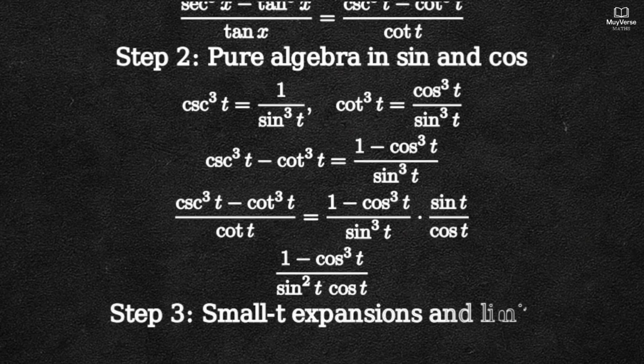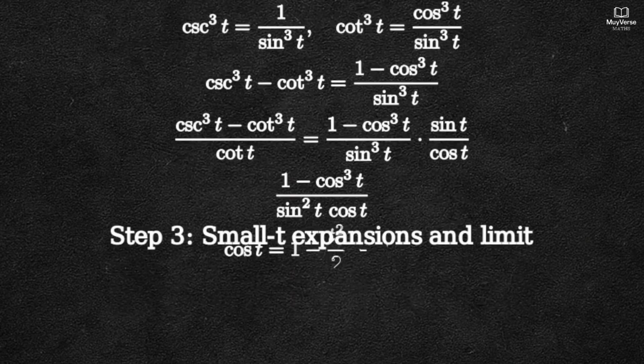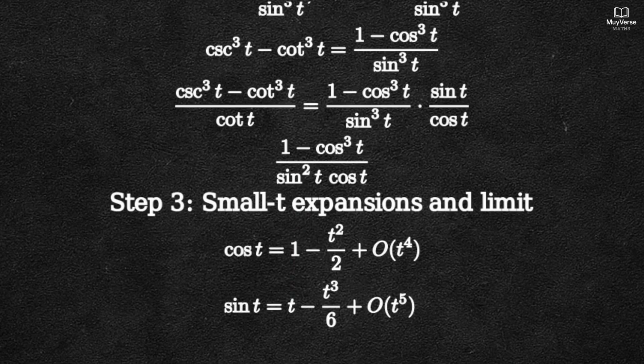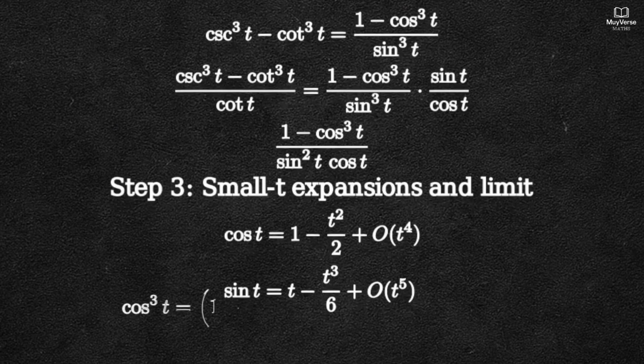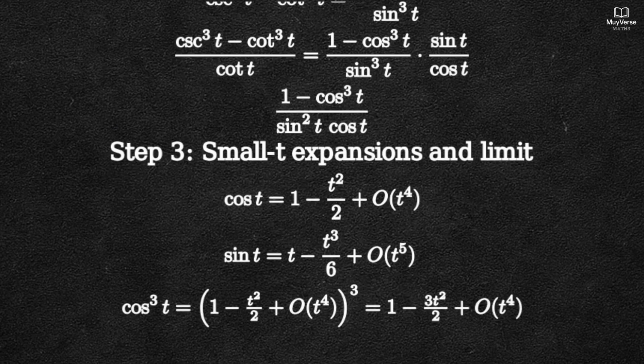Step 3. Use small t expansions. As t goes to 0, cosine t equals 1 minus t squared over 2 plus higher order, and sine t equals t minus t cubed over 6 plus higher order. Compute cosine cubed t, that is approximately 1 minus 3t squared over 2 plus higher order.